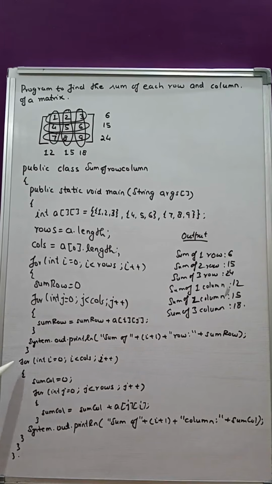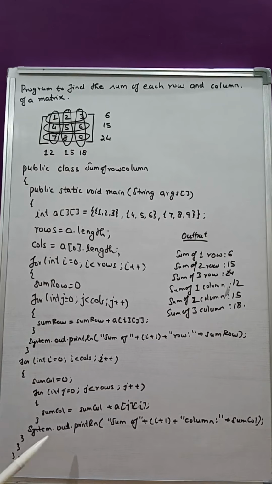Now coming to the column-wise sum, when we have to add the values in the column, the only change is the value of a[j][i]. We have just replaced the column with the row and the row with the column, so that 1 plus 4 plus 7, 2 plus 5 plus 8, and 3 plus 6 plus 9 can be done.